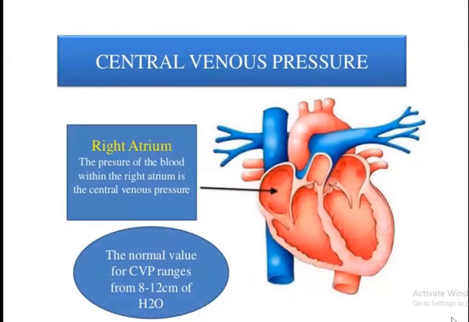So this is how we do this flush test and this measurement of pressure in the artery. We do all these things while measuring central venous pressure also. Central venous pressure will also be measured at the phlebostatic axis.